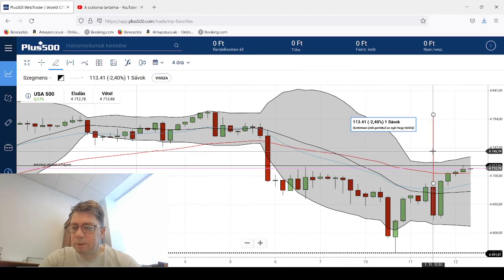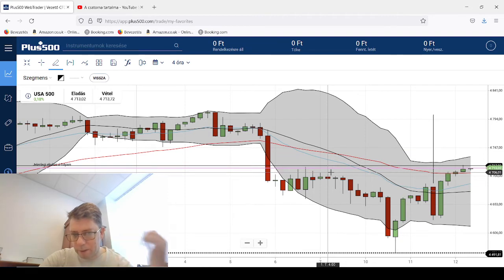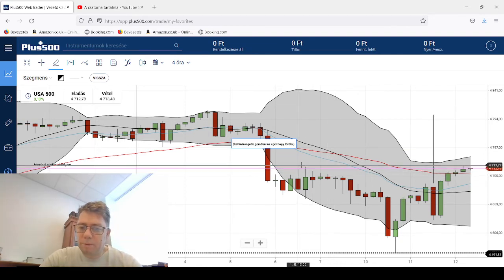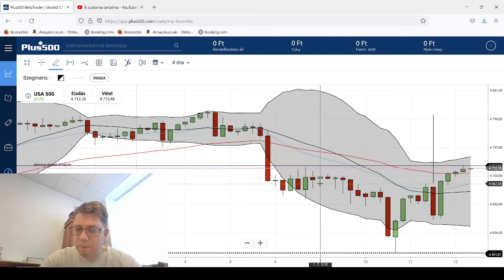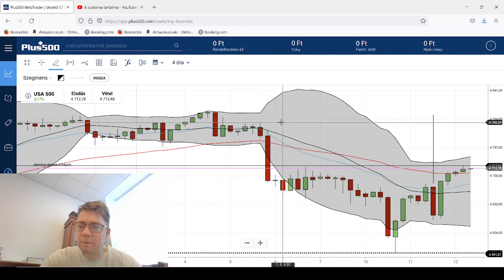But we are on our way there, and I think we passed this resistance at 4,706. We are above there. Of course, we've got these wicks here, so we need to get above 4,720, and then of course the next valid price target is 4,786, something like that.